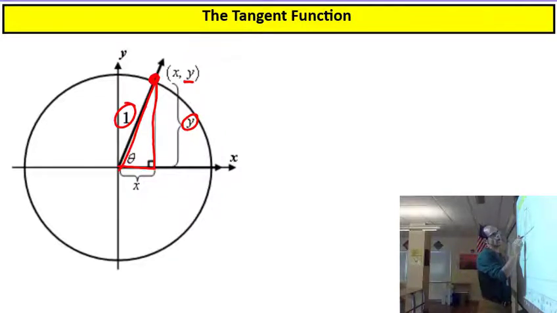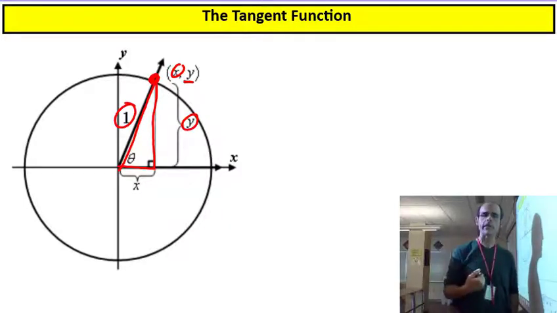And this side of the triangle represents the x coordinate in the same way. It's the distance from the origin to a place right underneath the point. So this side of the triangle is also the x coordinate.